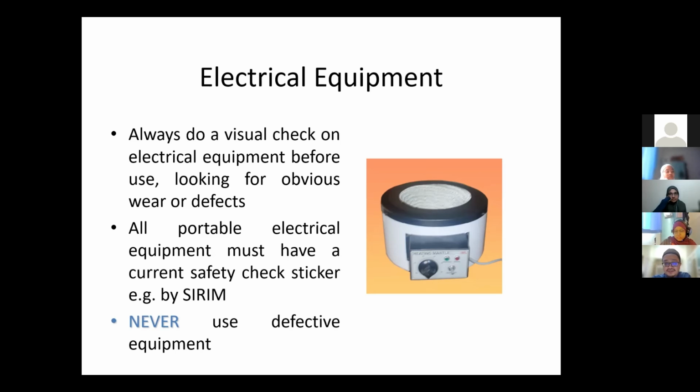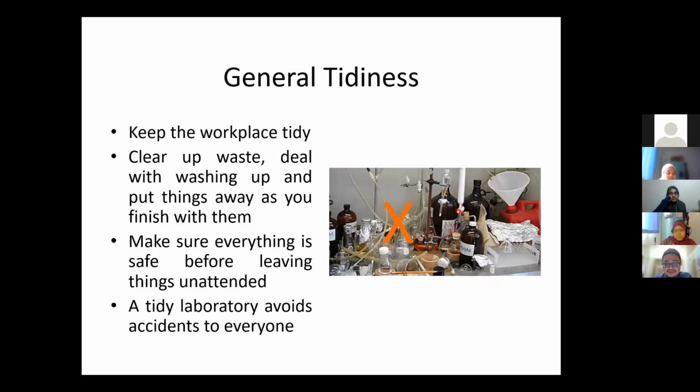General tidiness. Whose table is like this? Who wants to admit their table is like this? Actually, this kind of table shows that the person is very hardworking, if you want to look at it in the positive way.